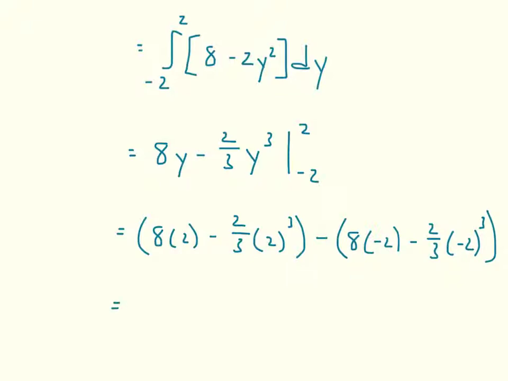Simplifying a little bit more, in the first set of parentheses we get 16 minus 16 over 3. That 16 comes from 2 cubed, which is 8, times 2, gives us 16. In the other set of parentheses, we have minus 16. And then what do we get? We get minus, and now we've got -2 cubed, which is -8, so we've got minus 16 over 3.